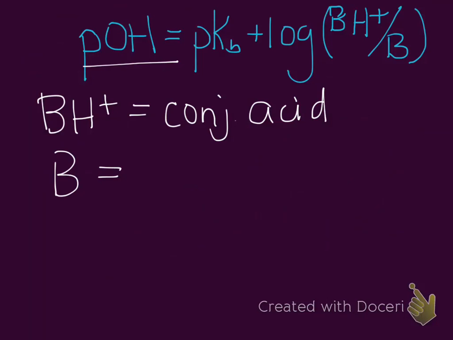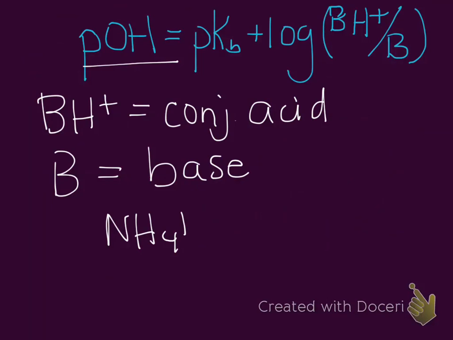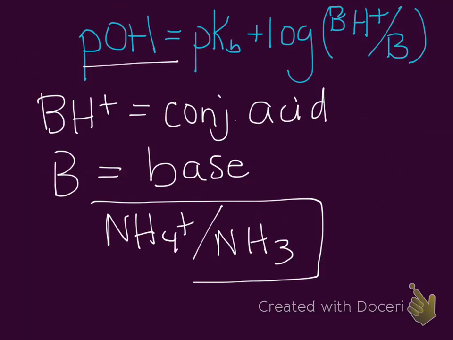And B will be equal to your base. So an example of this would be, I'll write the conjugate acid first. That would be NH4 plus, and then that would be over your base. The base that it belongs to is NH3, ammonia. So this would be your conjugate acid base pair.